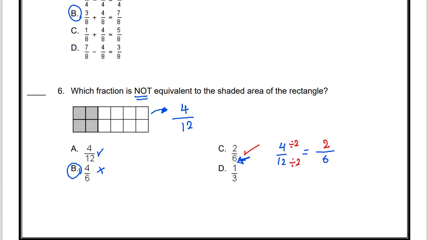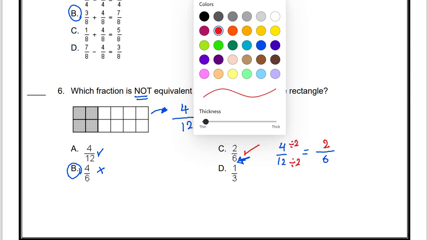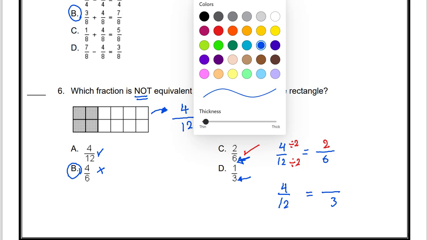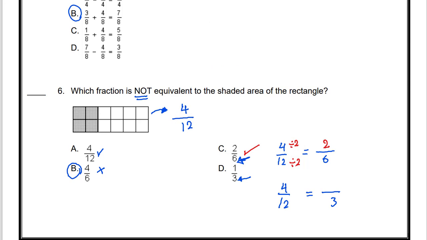Let's check the last one, 1/3. I have 4/12 and focus, my hero. I want the denominator to be 3, like this 3. So multiply or divide? Divide. Divide 12 by what number to get 3? 4.